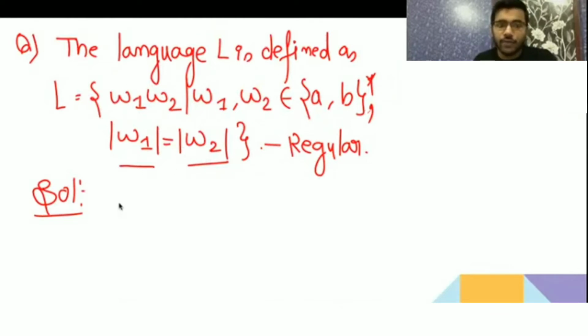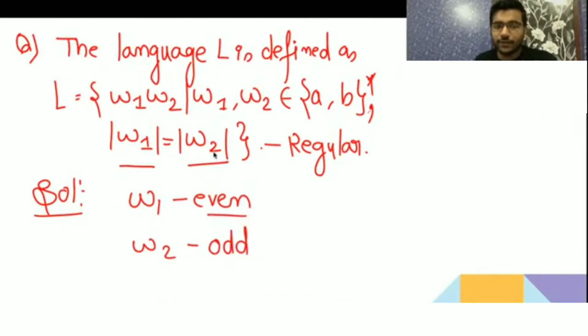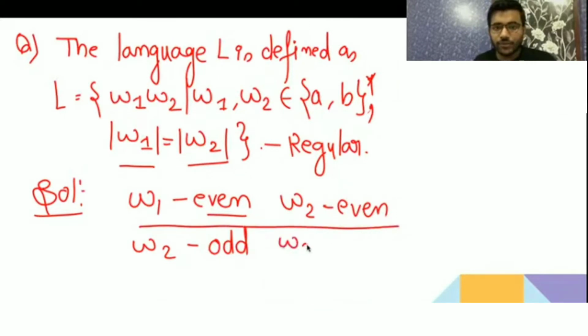So how can we do it? Length of W1 can be either even or odd, and W2 can be either even or odd. If W1 is an even number and it is a correct input from this grammar, then W2 is also going to be an even number, and in the other case W2 is going to be an odd number.